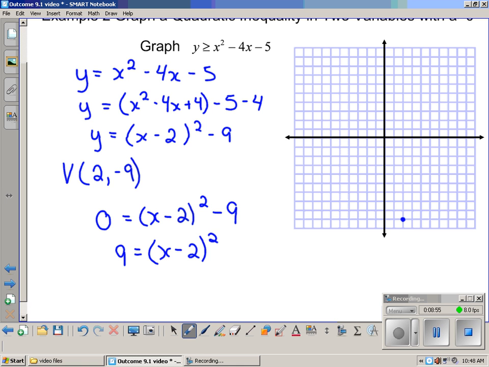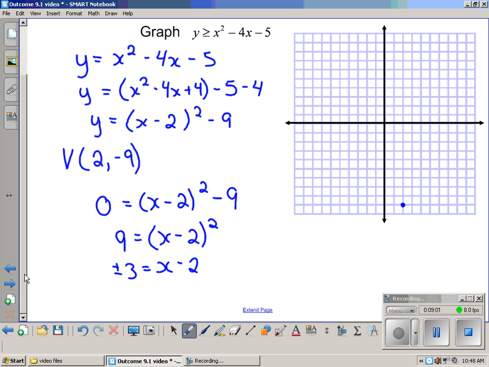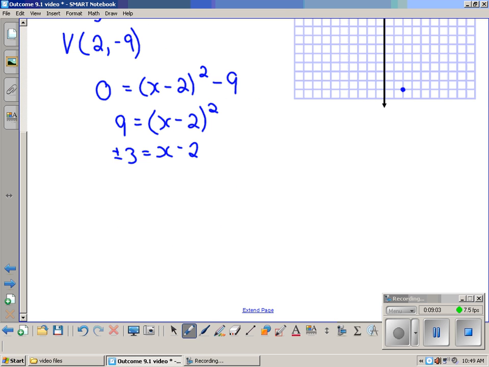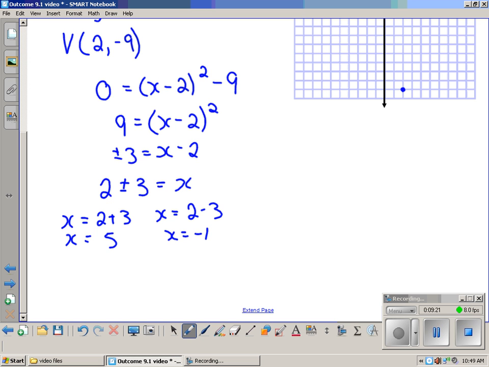The square root of 9 is 3, so it's plus or minus 3 equals x minus 2. Add 2 to both sides, and I have 2 plus or minus 3 equals x. So one solution is x is equal to 2 plus 3, or 5. And the other solution is x is equal to 2 minus 3, so x is equal to negative 1.